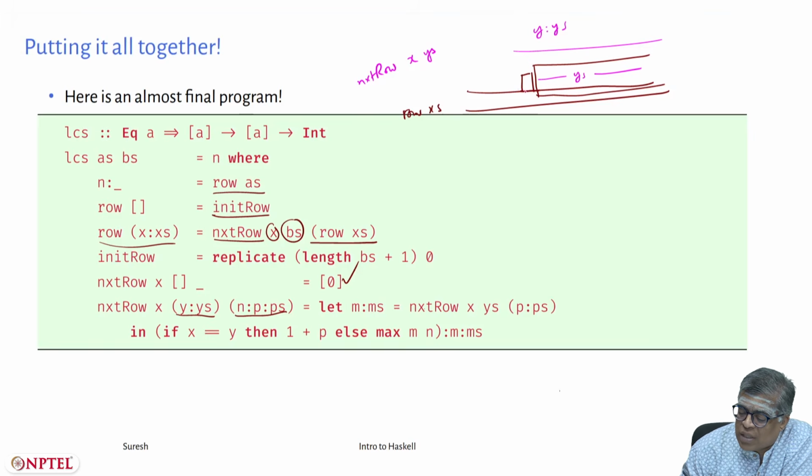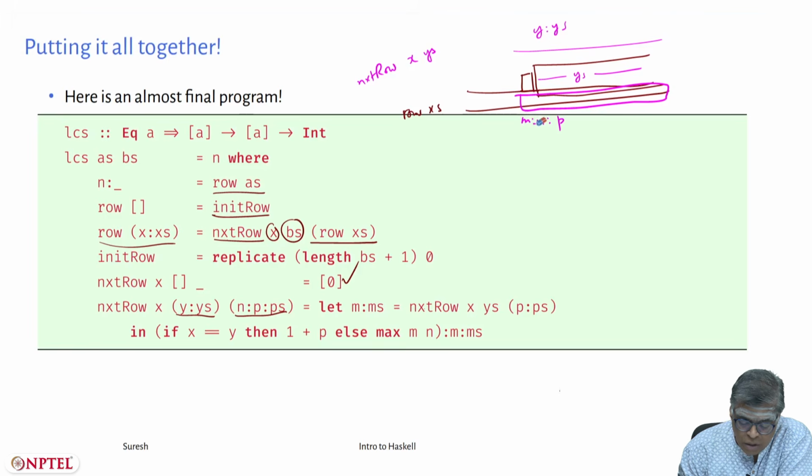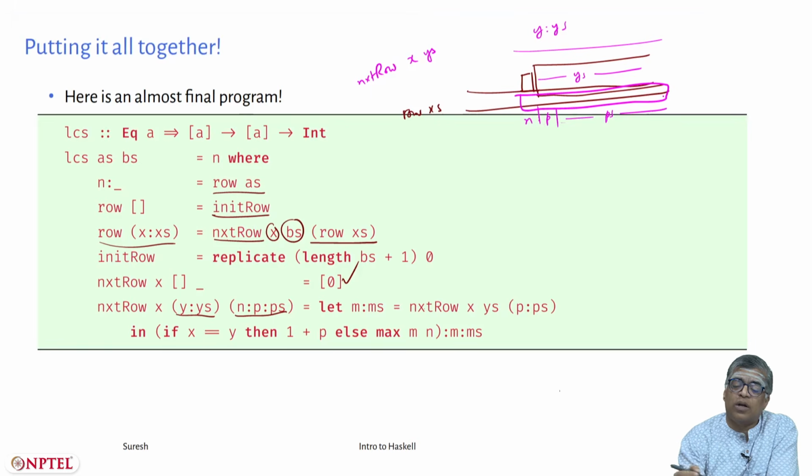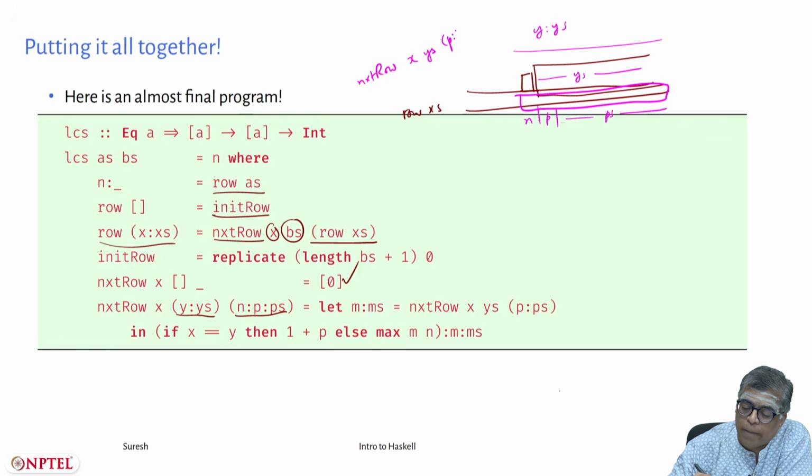But when I want to pass this, the thing is actually m followed by n followed by n followed by p followed by p's. So when I make the recursive call, I will make the call to p followed by p's.